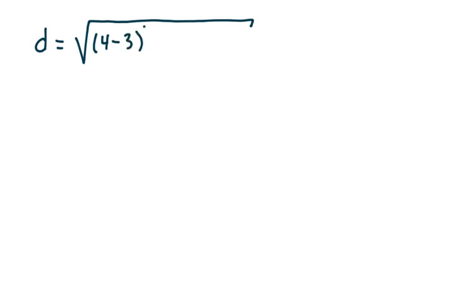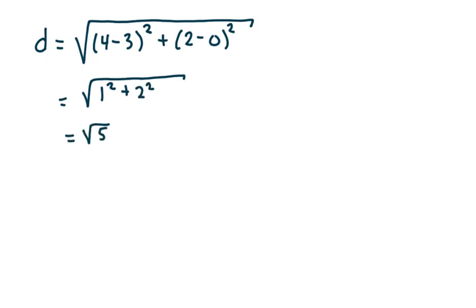And if we want the minimum distance, right, we can say d is the square root of (4 minus 3) squared plus (2 minus 0) squared. So this is the square root of 1 squared plus 2 squared, which is the square root of 5. So that's actually the minimum distance.